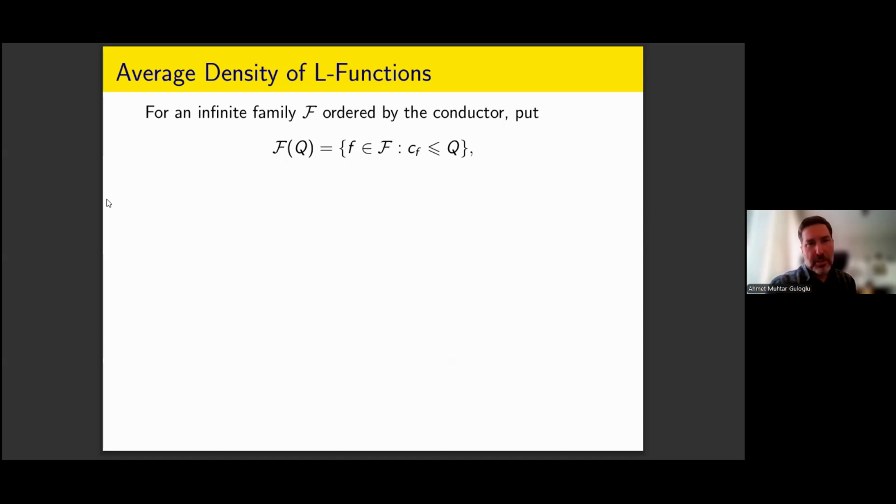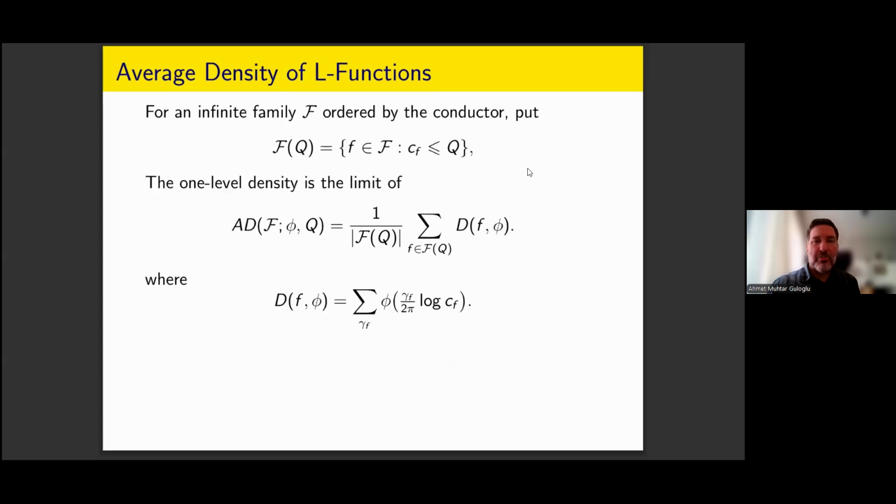So what are they exactly looking at is this. You take a family of L-functions, or a family of whatever you want to say. You take a family and then you order the family by the so-called analytic conductors up to a certain point.